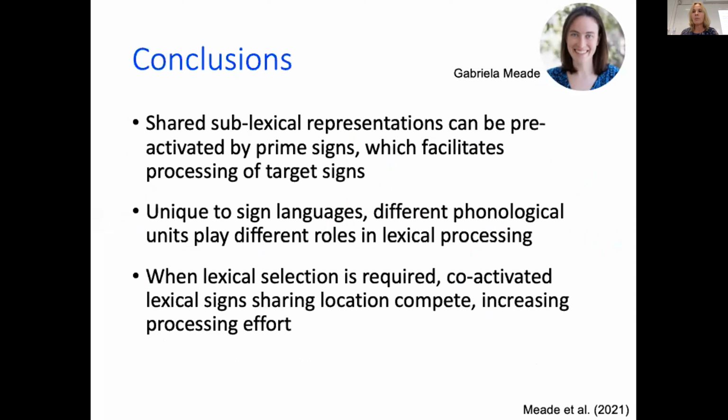Okay? Now I'm going to be completely honest and say, I don't know why. It's not clear exactly why these different parameters play these different roles in sign recognition. But I'm going to present one last quick study that's relevant to thinking about lexical competition.